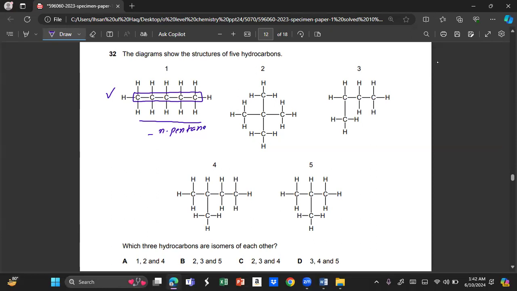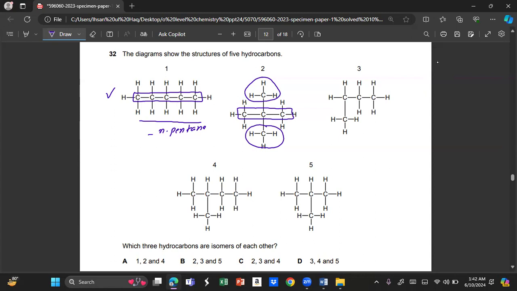If we see structure number 2, if we take this straight chain as a main chain, these two alkyl groups CH3 will go outside the chain. That means this structure will be different from structure 1.